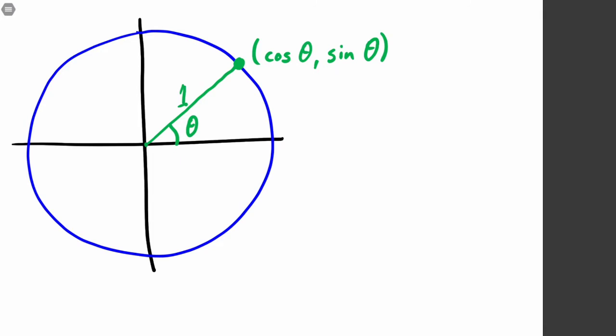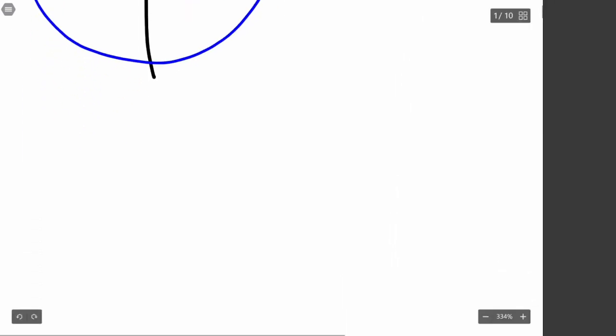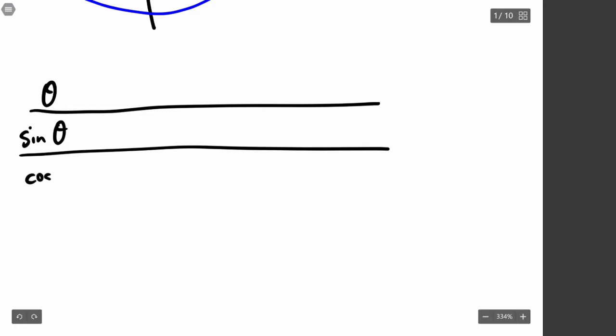So let's make a chart real quick of a few common ones. Right, so some common values for theta, sine theta, cosine theta. So some common things here.